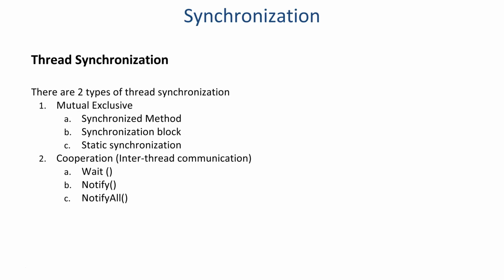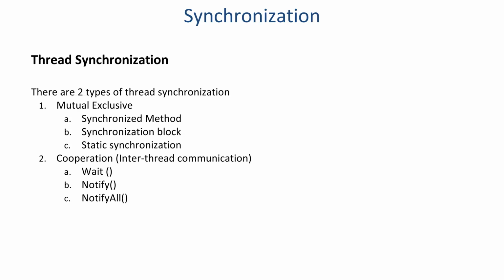Now, thread synchronization. There are two types of thread synchronization. One is mutual exclusion and the other one is cooperation. In mutual exclusion, we have synchronized method, synchronized block, and static synchronization.